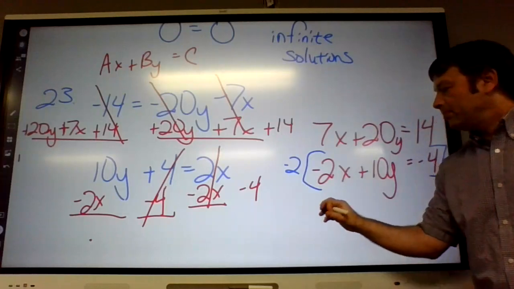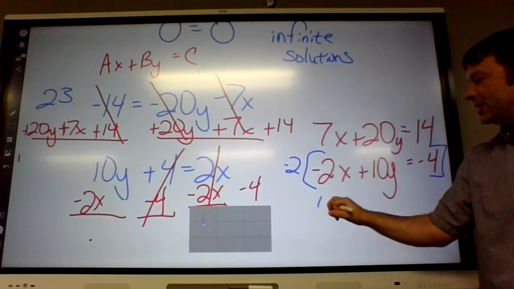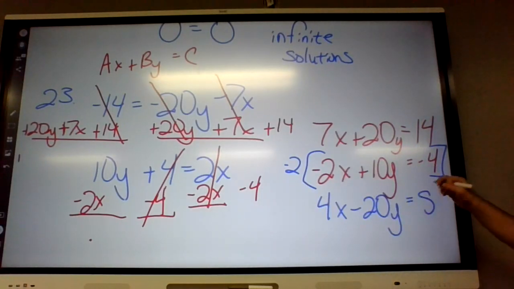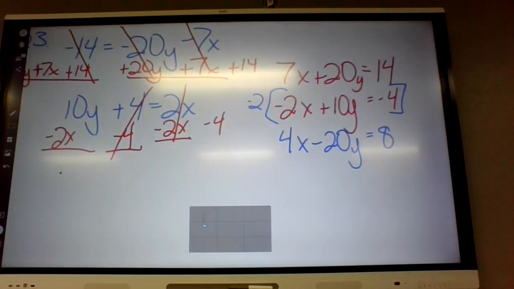So, bottom line, what's times negative 2? 2 times 2 is 4, right?